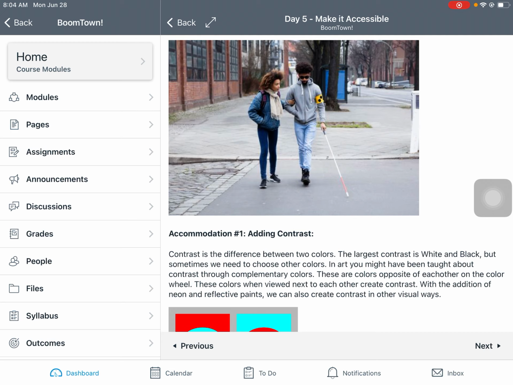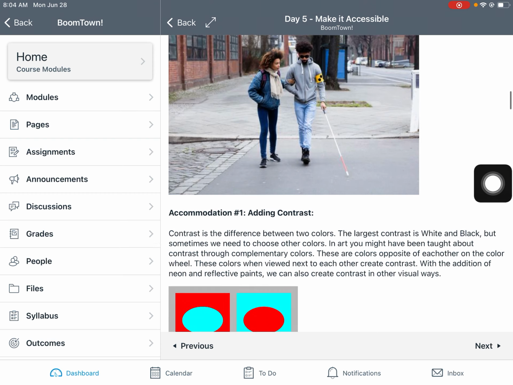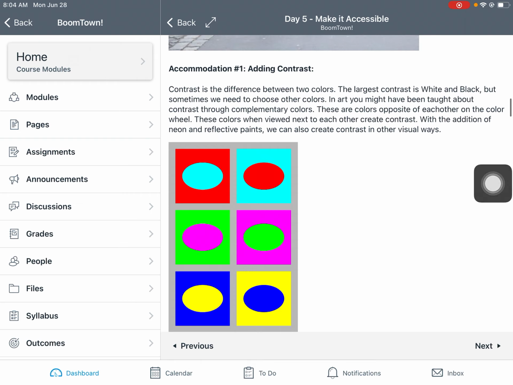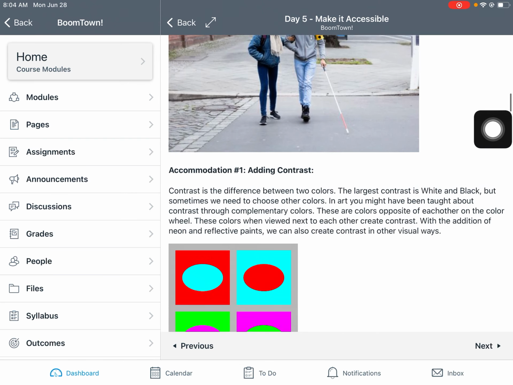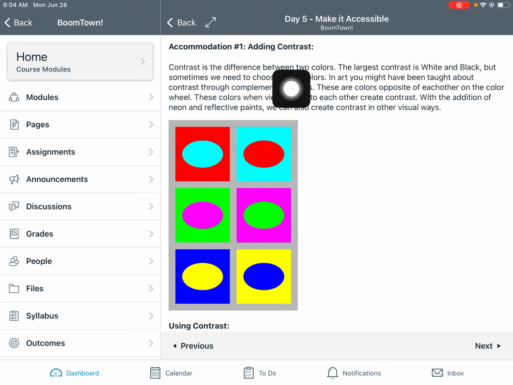Sometimes they have impaired vision, or they might be colorblind. So there are many reasons. We don't want to make assumptions about people, but we do want to anticipate how we can design the best building for them. So we're going to talk about some accommodations for impaired vision. One of them is having contrast colors.